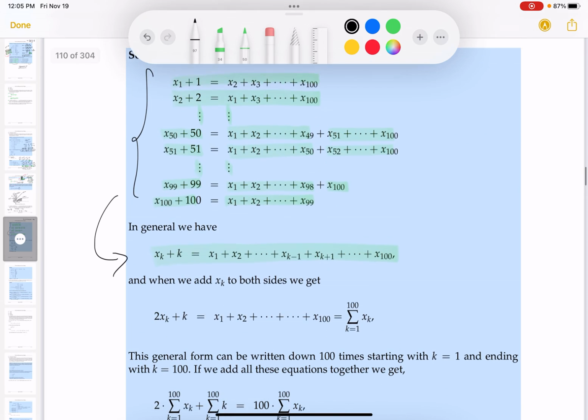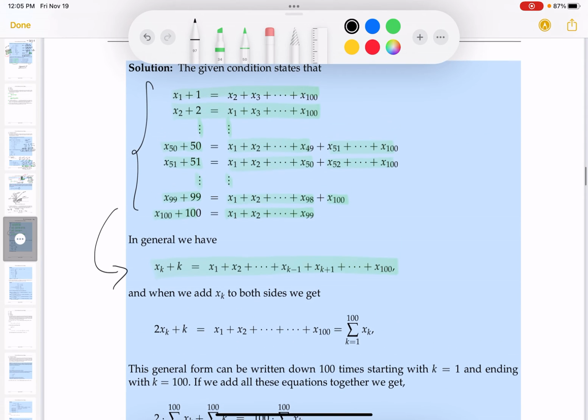All right, so what are we going to do now? We're going to look at it. Let's take a look at what we're going to do now. Well, I'm kind of looking at this statement here. And I'm going to add xk to both sides.